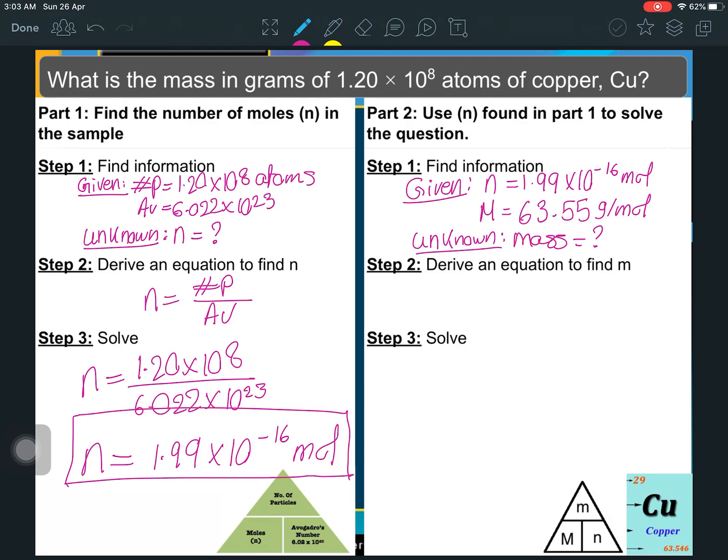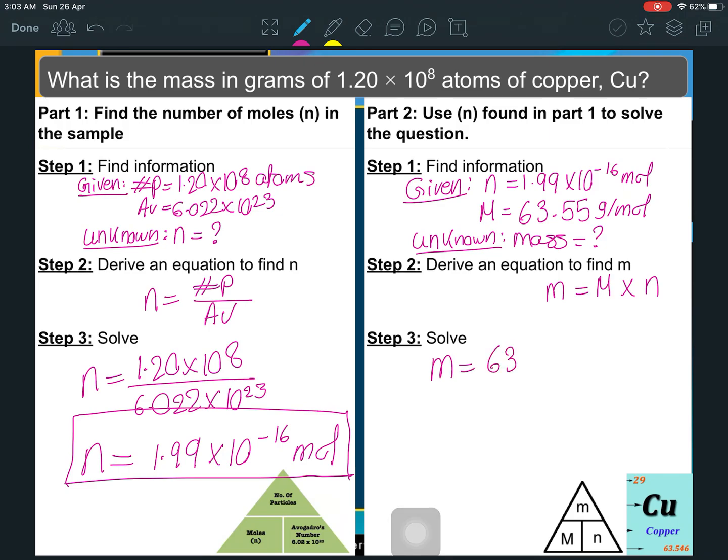Okay, now I have everything that I need in order to find little m. Okay, so small m is equal to molar mass times number of moles. You could see here the little m is on top, so the mass is equal to m times n. Anytime you see two things next to each other, you're supposed to multiply them. But I'm sure you guys already know that.